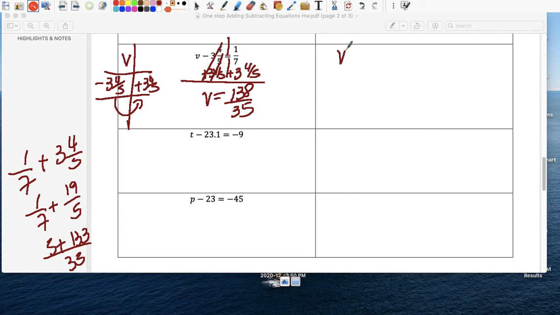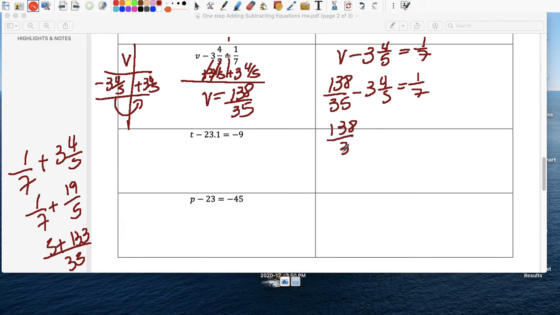So when I check, I'd rather leave it in improper fraction. So I'm going to get v, which is 138 over 35. Now subtract 3 4/5 and see that it equals 1 over 7. All right, let's just do this. 138 over 35. I change that to 19 over 5.